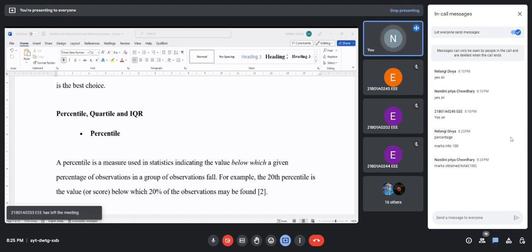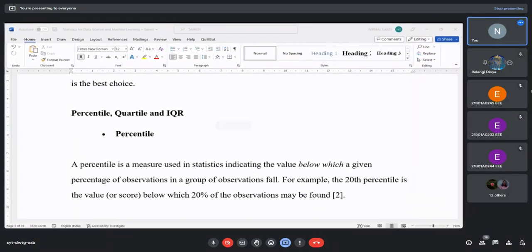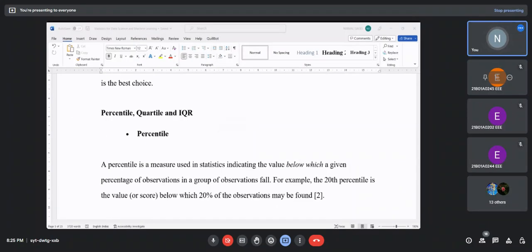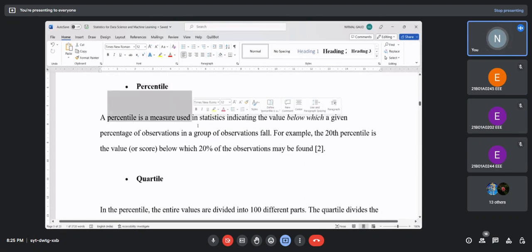This is percentage. Now I hope you also heard about this percentile thing. I hope you have studied it too. In competitive exams, we get the results in the form of percentile. Percentile is a measure used in statistics, a percentage of observations in a group of observations.